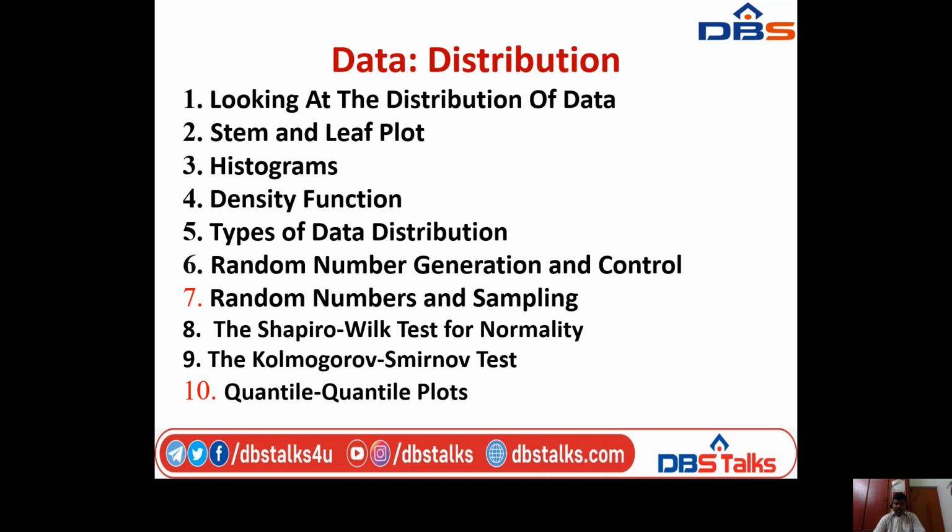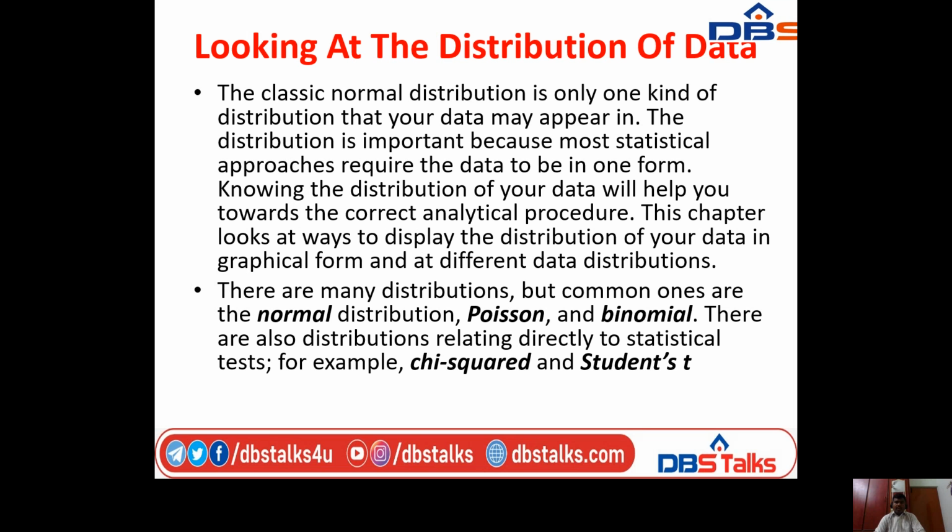Here, some of the concepts available are looking at the distribution of data, stem and leaf plots, histograms, density function, types of data distribution, random number generation and control, random numbers and sampling, the Shapiro-Wilk test for normality, the Kolmogorov-Smirnov test, and finally Quantile-Quantile plots. Now coming to the first one, looking at the distribution of data.